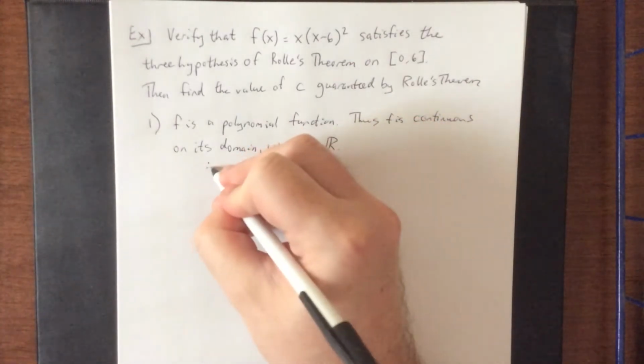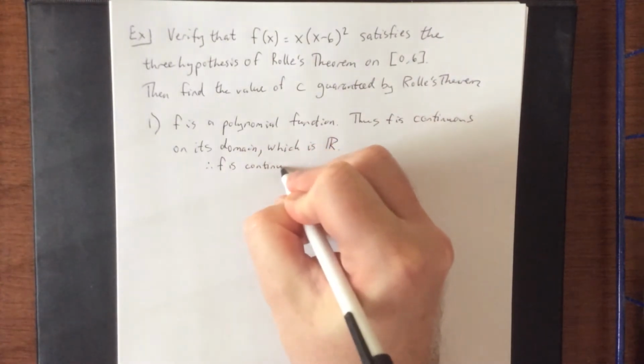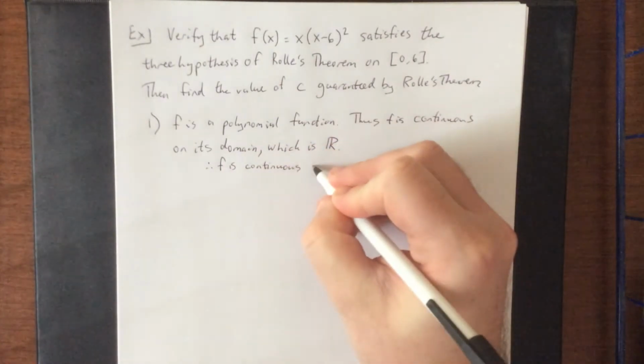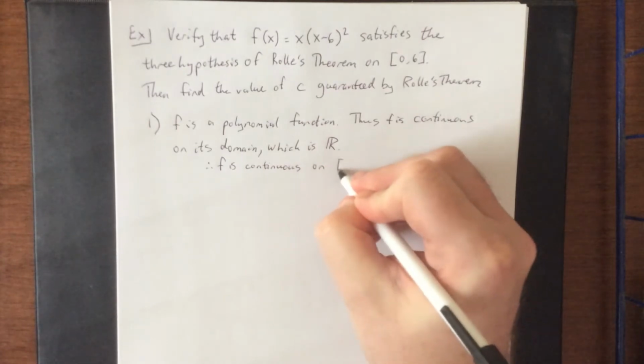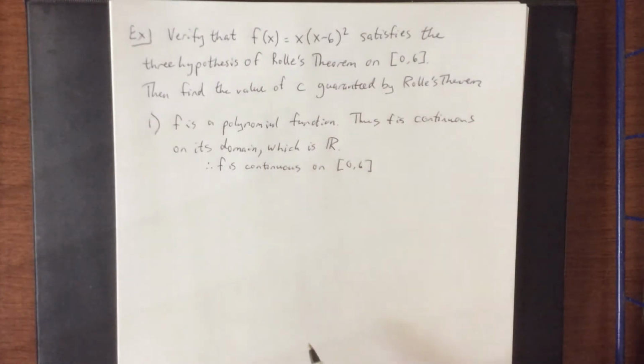Therefore, we can draw a conclusion that f is definitely continuous on any closed interval within all real numbers. The one that we're looking for specifically in this problem is the closed interval from 0 to 6.